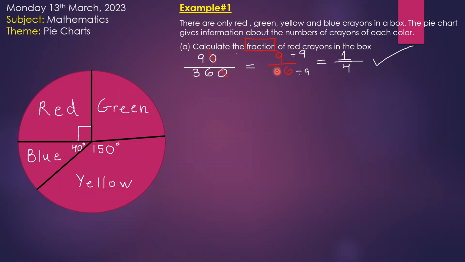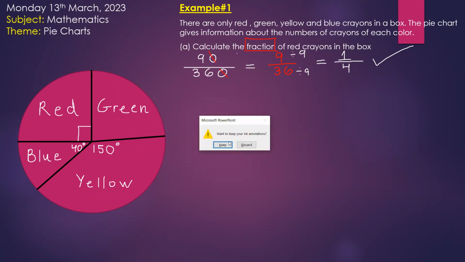It still isn't in simplest terms. We divide the top by 9 and the bottom by 9. 9 divided by 9 is 1 and 36 divided by 9 is 4. Okay, so that's how we got it.